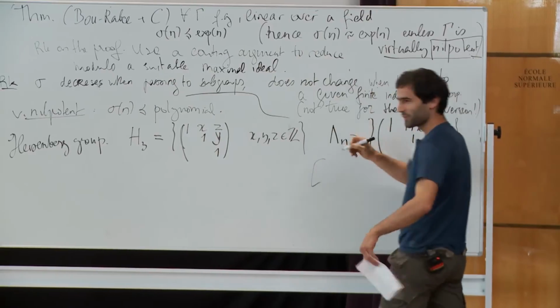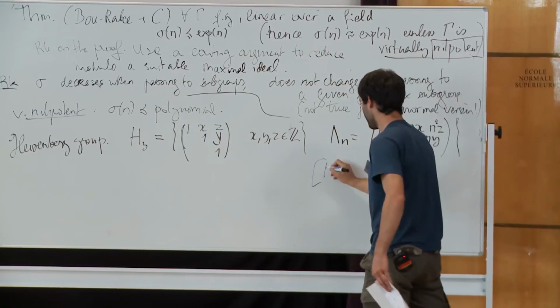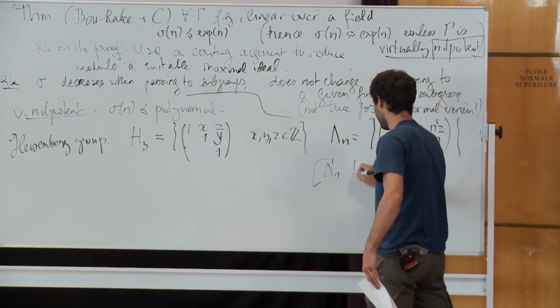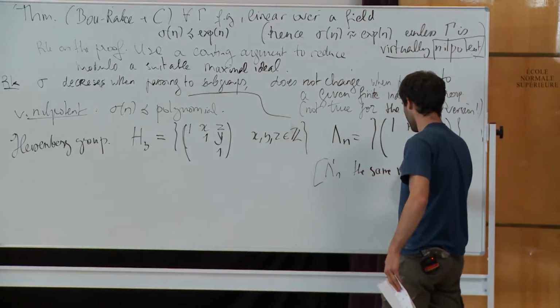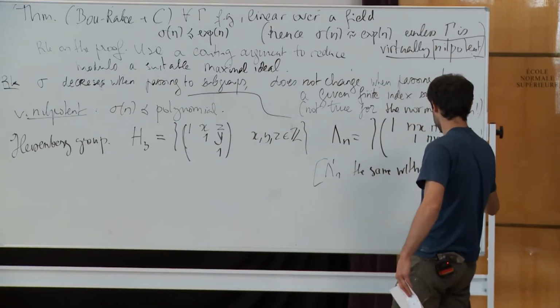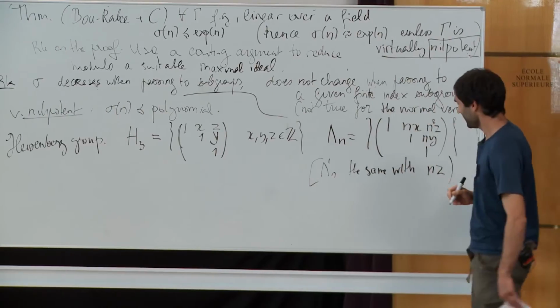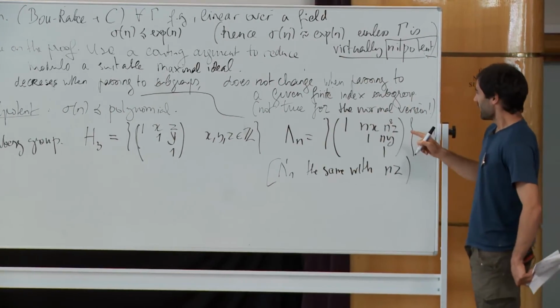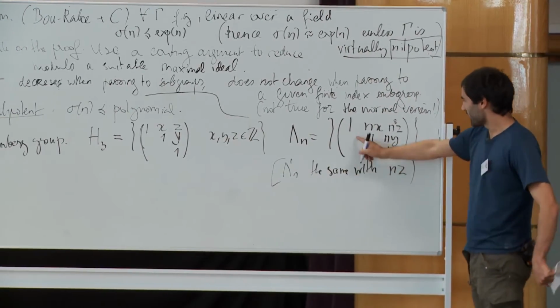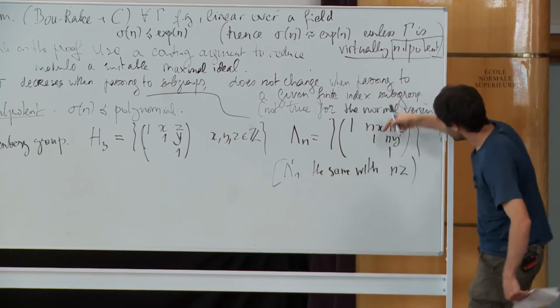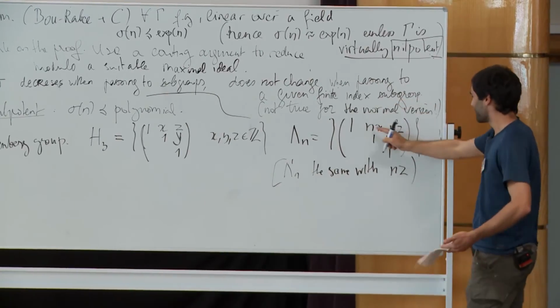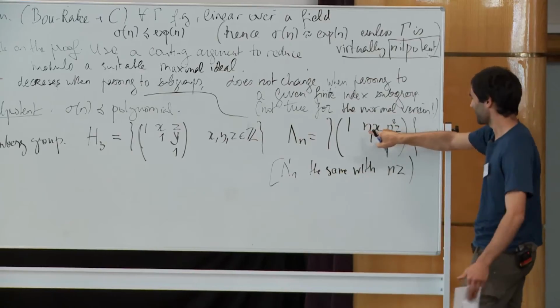And just as a witness of the argument, let me say gamma prime n is the same with nz instead of n squared z. So that's the congruence subgroup. This one is a subgroup because the computation makes a square when you multiply.